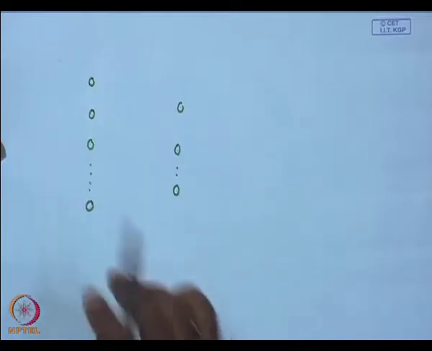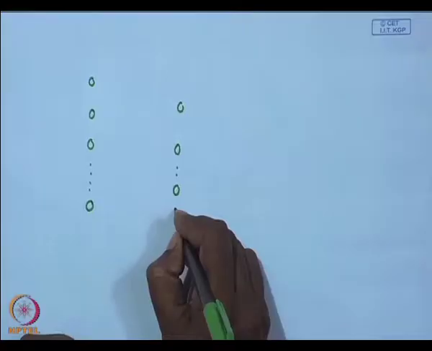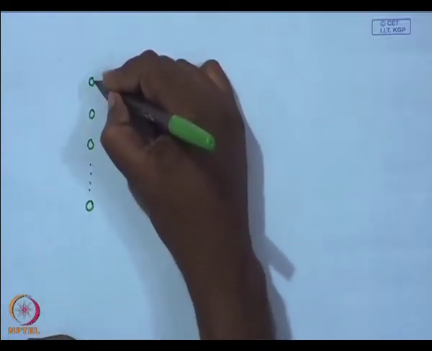The number of nodes in the input layer is the same as the dimensionality of the feature vector, or if the feature vector is of dimension d, then the number of nodes in the input layer is d plus 1. One node is to take care of the bias term, and the number of nodes in the output layer is the same as the number of classes. So, the network architecture was something like this.